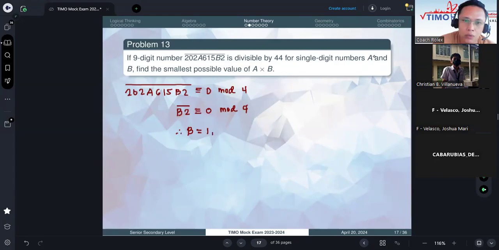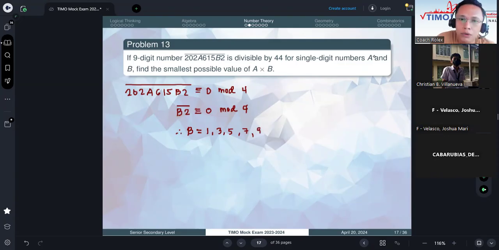So B can be 1, it can be 3, since 32 is divisible by 4, 5, 52 is divisible by 4, and 7, 72 is divisible by 4. Okay, so these are the possible values of B.